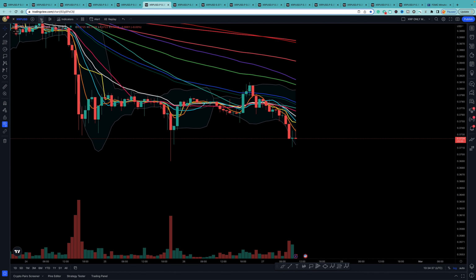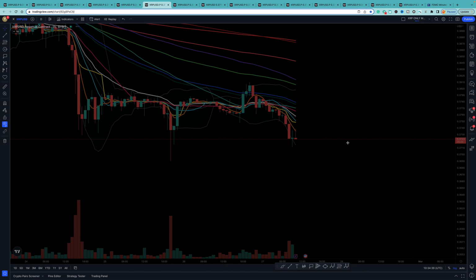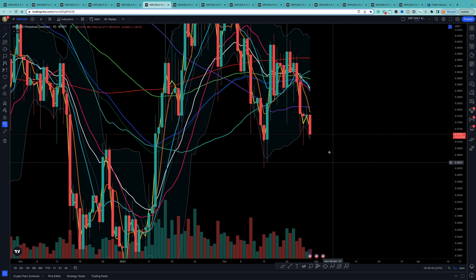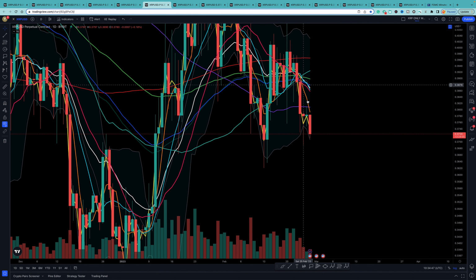When I go to the daily again, you can see the daily is pushing. To me, this looks like this could be creating something. I'd be surprised if this doesn't do a long red candle down by the end of today.